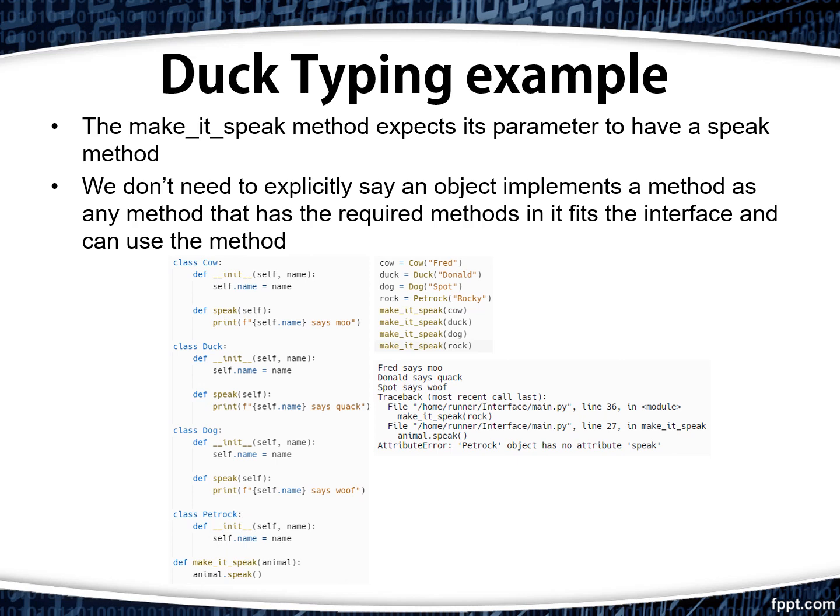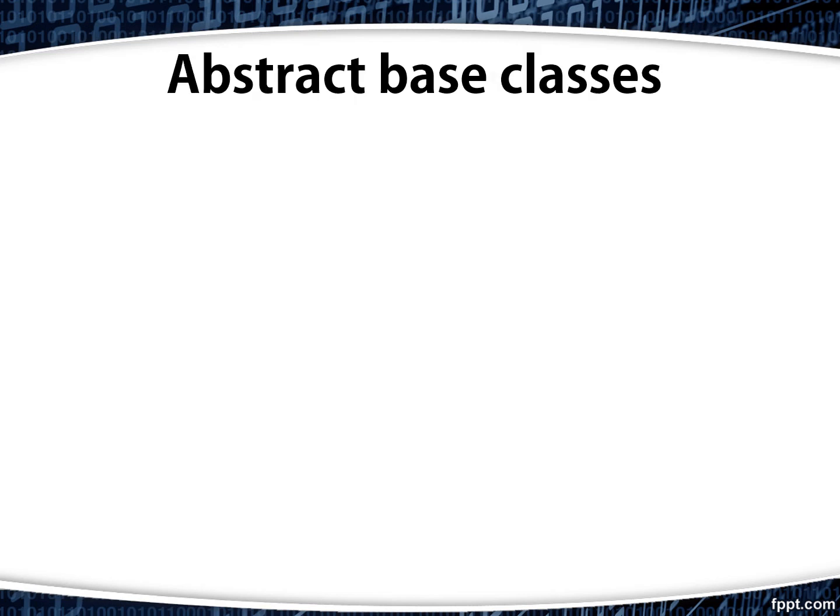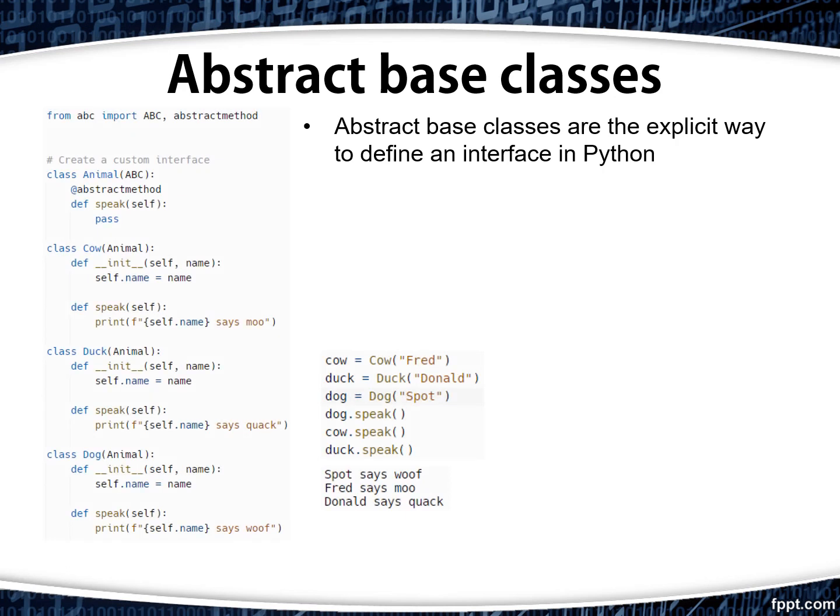While this provides for simple implementation, it also calls for care, because we can see, like in the example here where we pass the rock as the object to this method, that it will lead to an error, and these sort of errors would only be picked up when you try to run the code. An abstract base class is the explicit way to define an interface in Python.